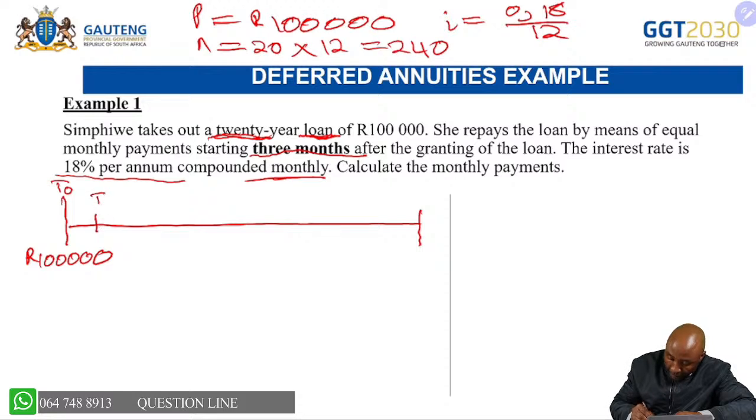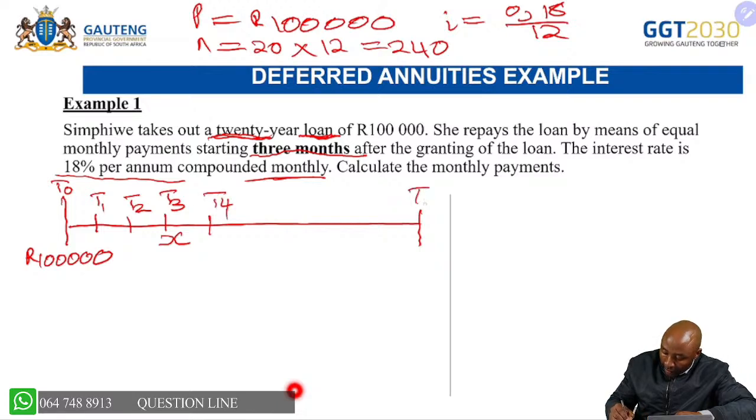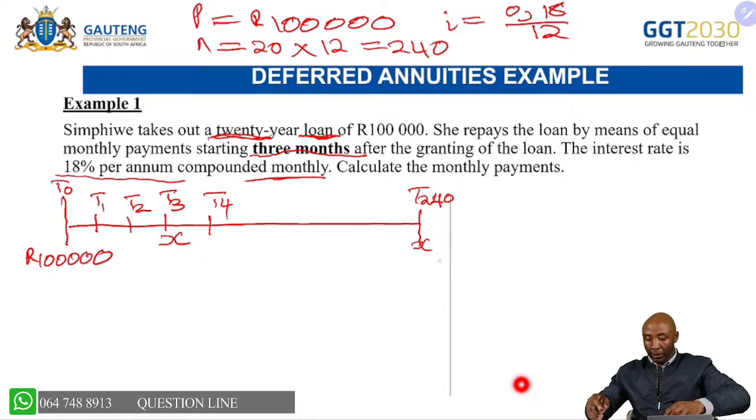T1, T2, T3. At T3, we start paying. That's where I will put my X. T4, until I have my last payment at T240. I will have my X, and I know that the balance there will be 0.